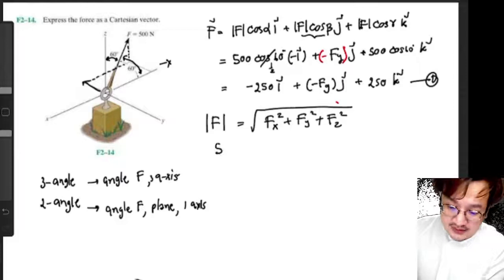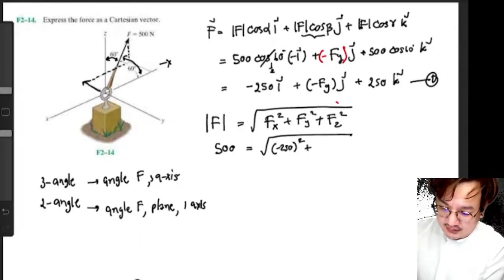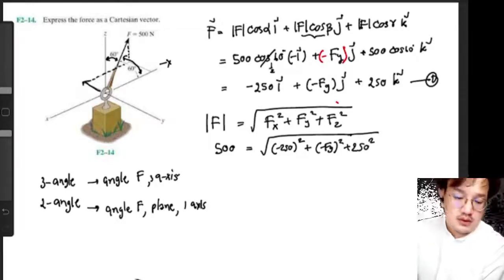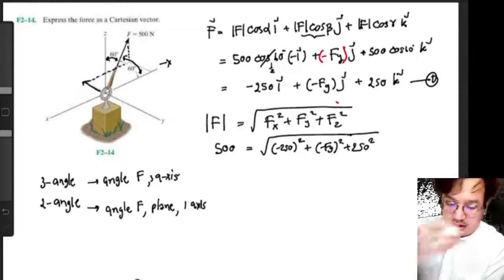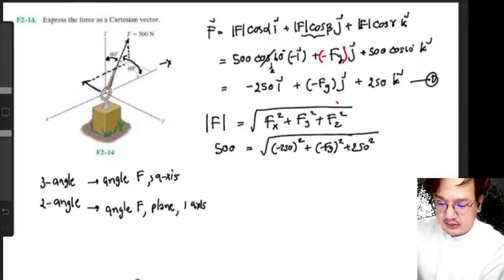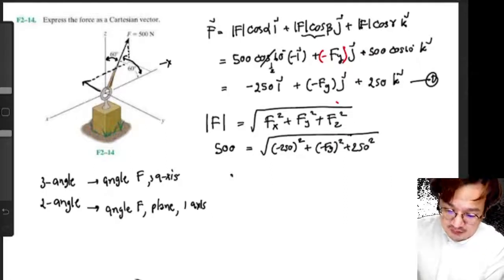We already know the magnitude of F, and we already know the magnitudes of Fx and Fz. So you can solve this by squaring both sides.